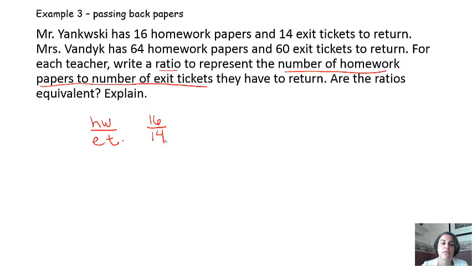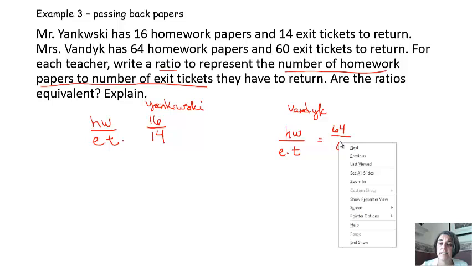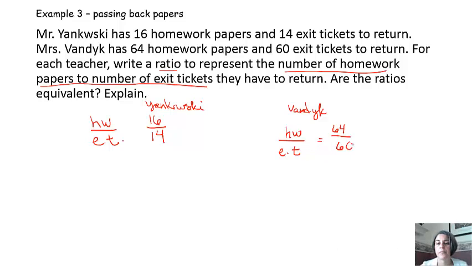So we're going to do 16 to 14. Maybe Mrs. Yankowski is only handing back in one of her classes. Mrs. Van Dyke, on the other hand, has several more to hand back. If she hands back homework papers to exit tickets, she hands back 64 homework papers to 60 exit tickets.